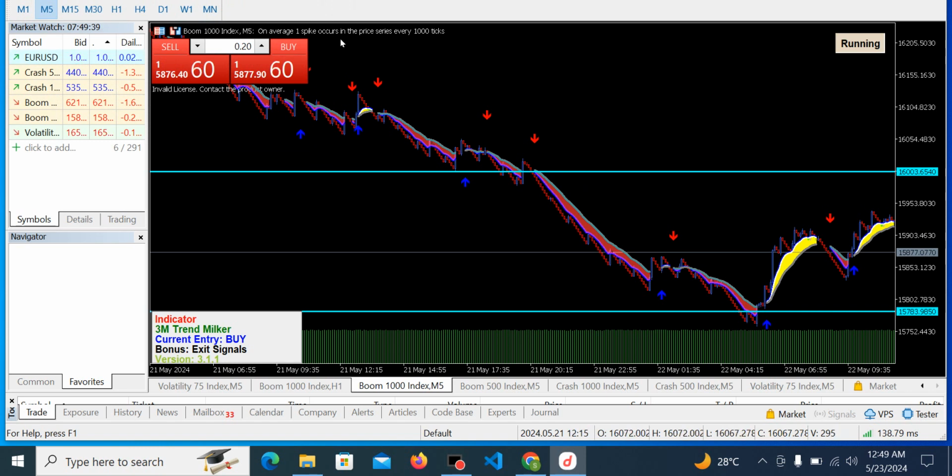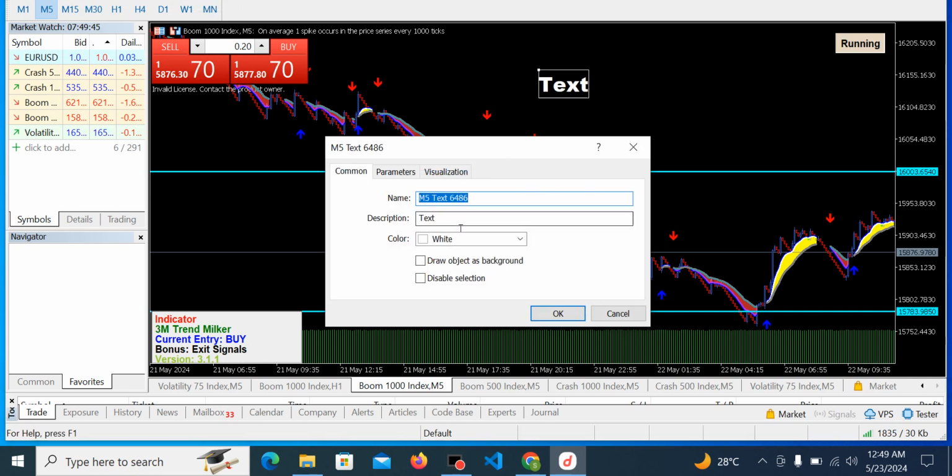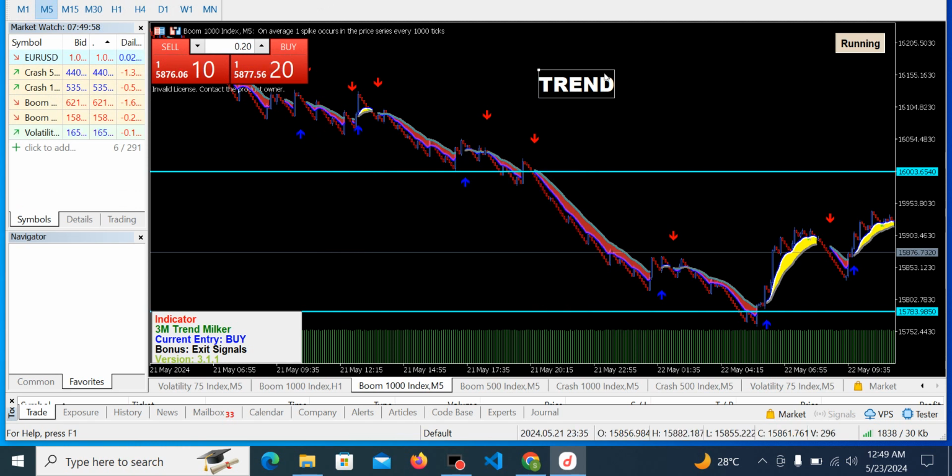But you should understand one major thing before you can start trading any of these two assets, and that is the trend. Your trend is always very important whenever you are trading any of these assets. If you are able to get the right trend, then you will always milk the market successfully, and this will also help you to know when you can be trapped in the spikes, or if you want to trade the spikes. So this is very important.